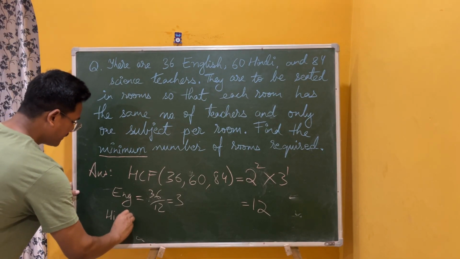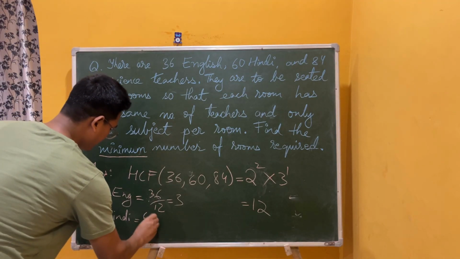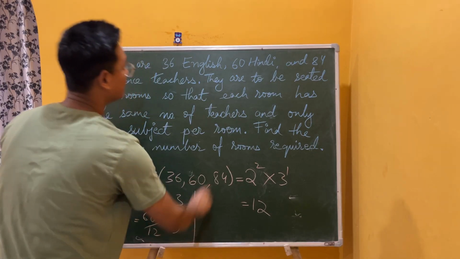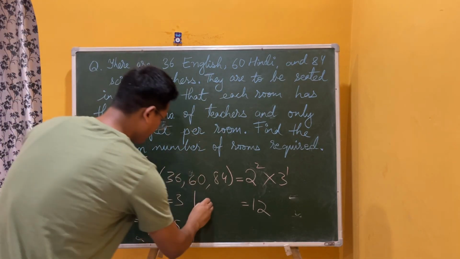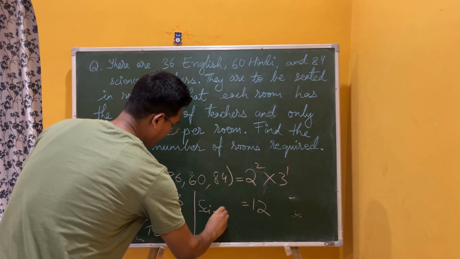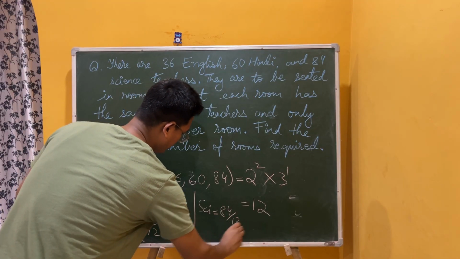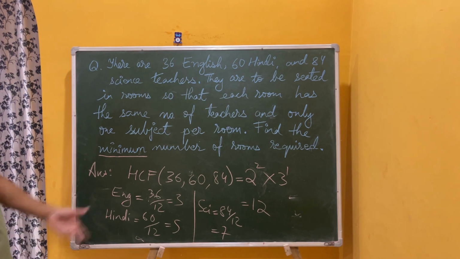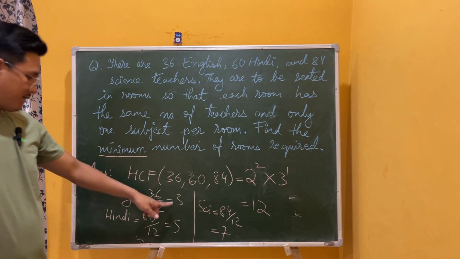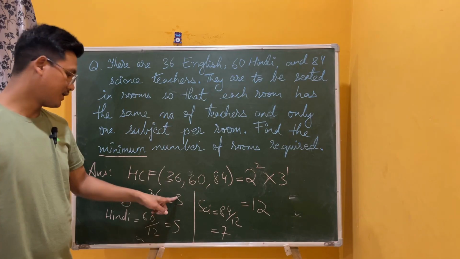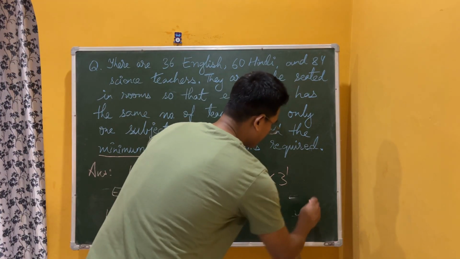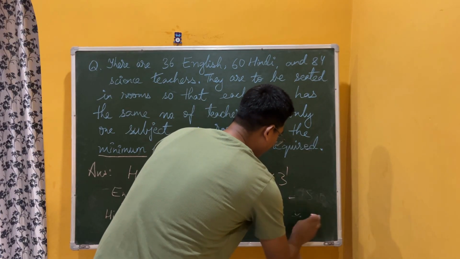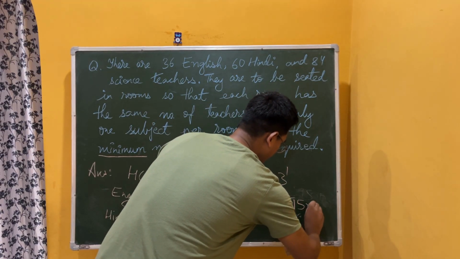If you divide 60 by 12, it is 5. And science, you have 84 divided by 12, which is 7. So altogether you'll be needing 5 plus 7 is 12, 12 plus 3 is 15. I don't have space here, so I'm writing it here. So you'll be requiring 15 rooms.